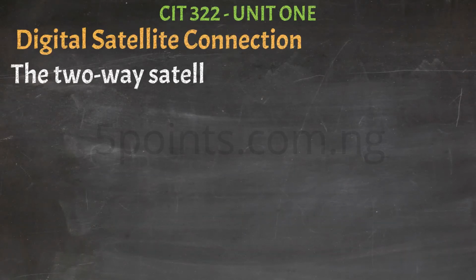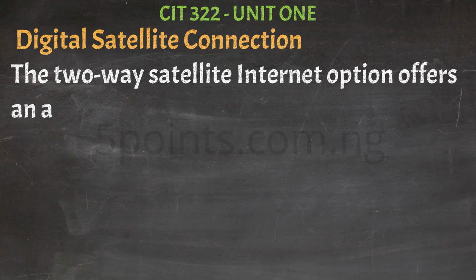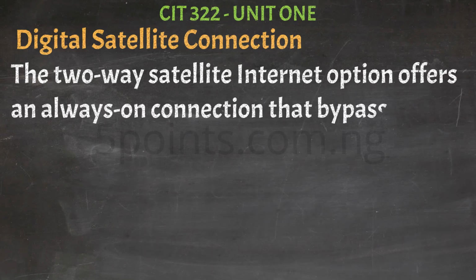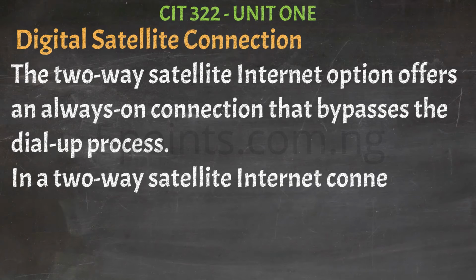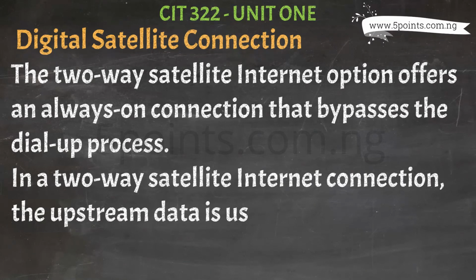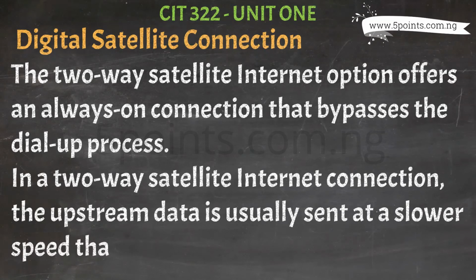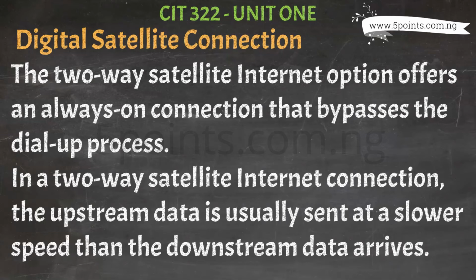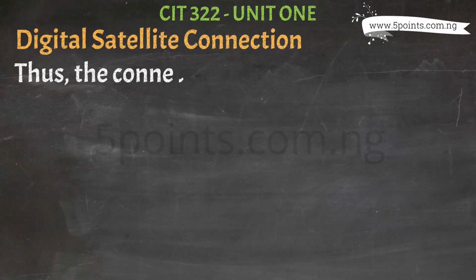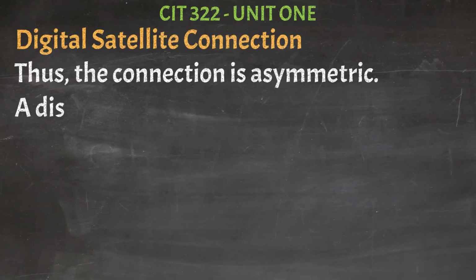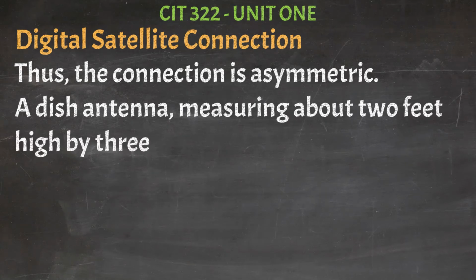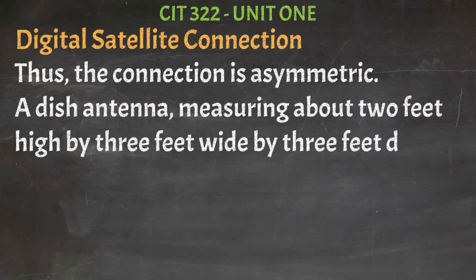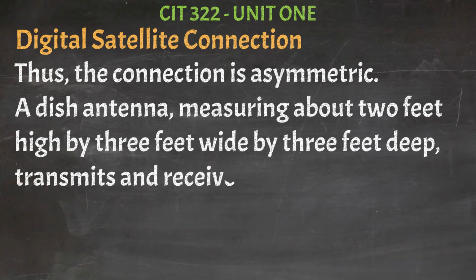The two-way satellite internet option offers an always-on connection that bypasses the dial-up process. In a two-way satellite internet connection, the upstream data is usually sent at a slower speed than the downstream data that arrives. Thus, the connection is asymmetric. A dish antenna, measuring about 2 feet high, by 3 feet wide, by 3 feet deep, transmits and receives signals.